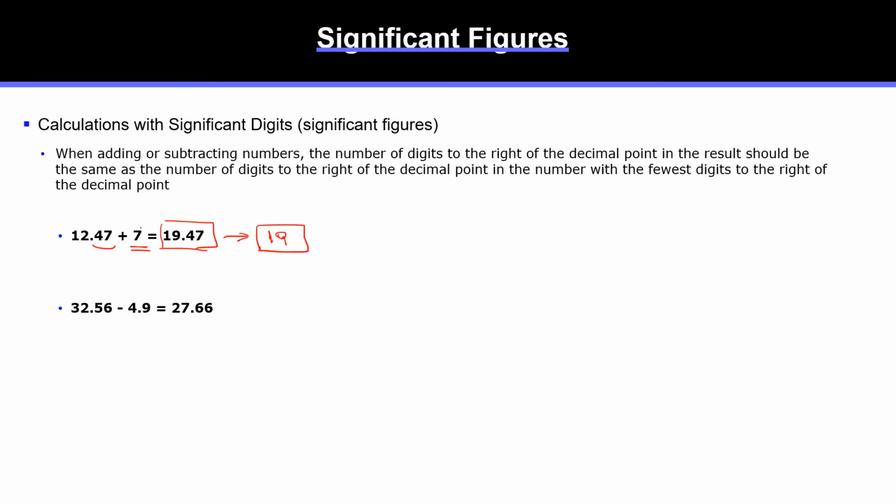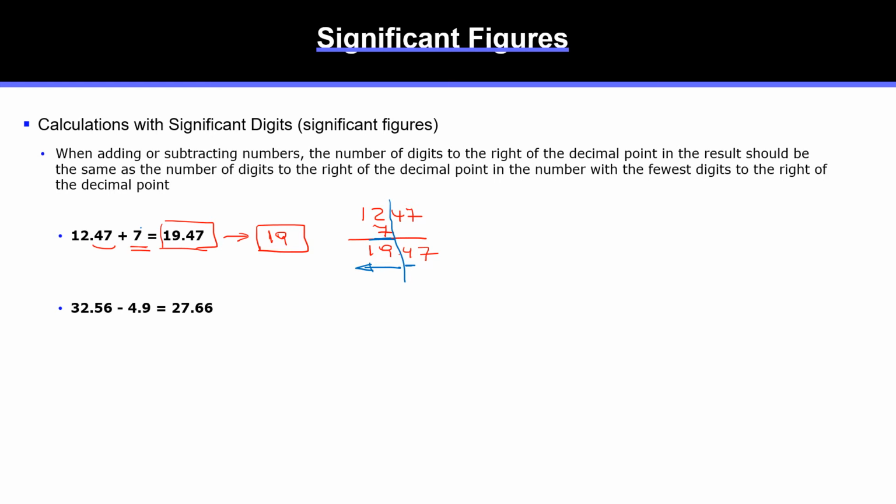Most of the time, if you don't see it right away, I put the numbers in a vertical arrangement, and here I have 19.47, and automatically I cut the number to the amount of the least decimals, in this case none. Depending on the next digit, if it is 0 to 4, we leave it like it is. If it's 5 or more, we round it up.